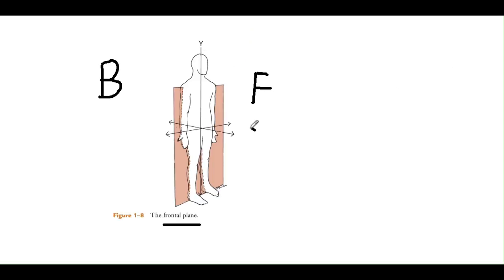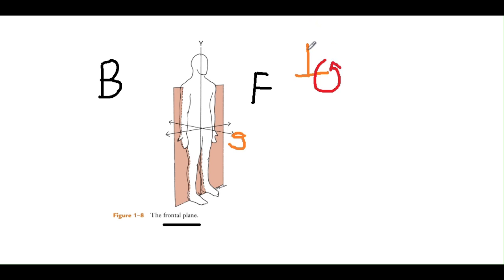The sagittal axis is here. I'll use another color. So the sagittal axis is here and it is perpendicular to the frontal plane. Okay, it is exactly perpendicular. So whenever a movement is taking place around this axis, the movement is taking place in this plane.